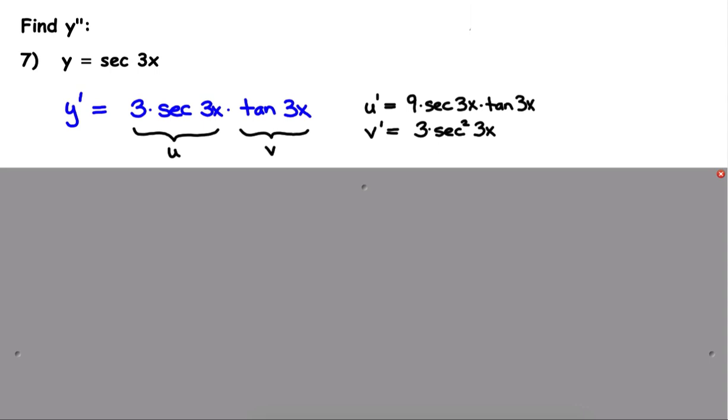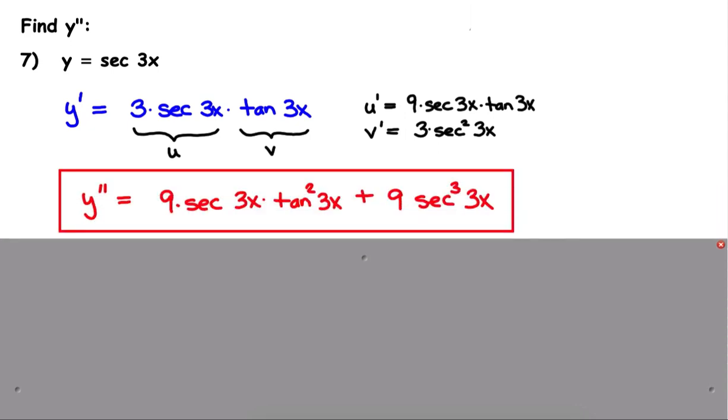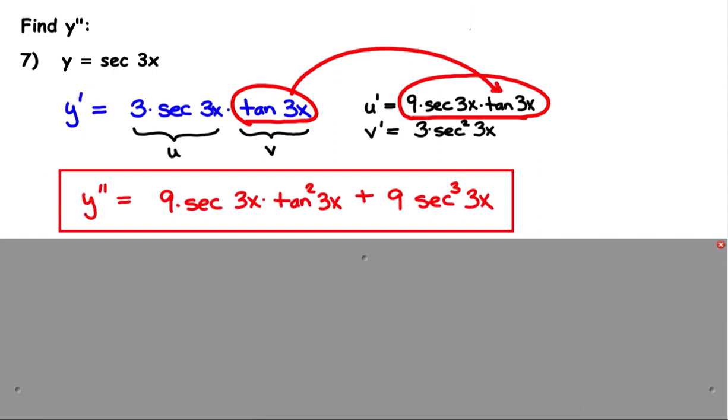Okay. So u prime v plus uv prime is going to look like this. U prime v. You can see that the tangent got squared. It's basically just this right here, but with an extra tangent on it, the tangent squared right there.